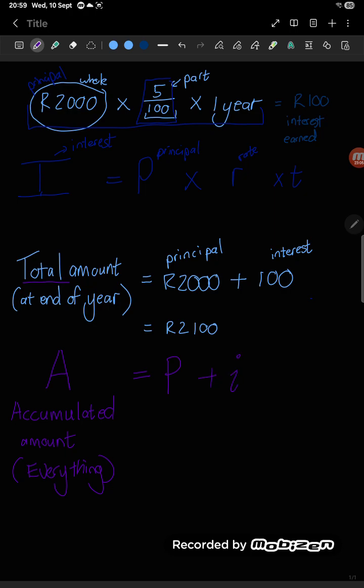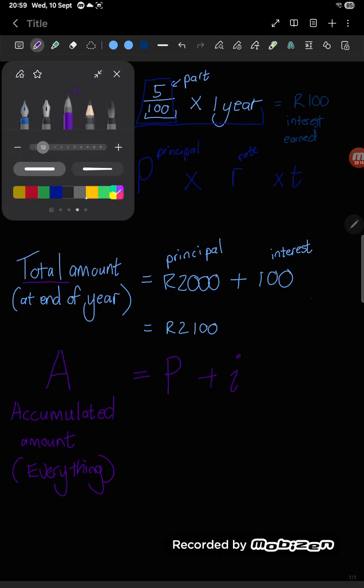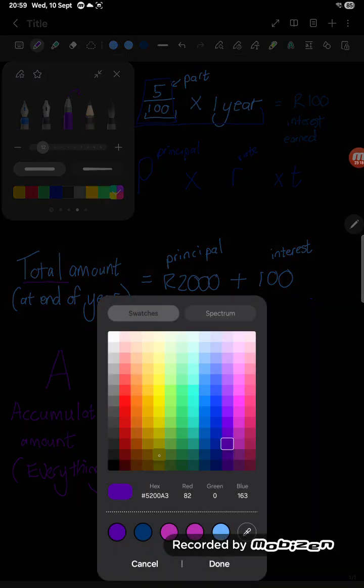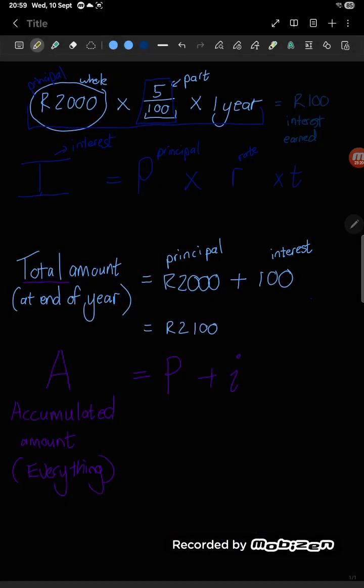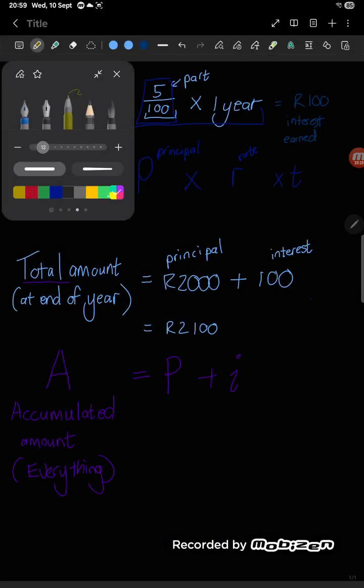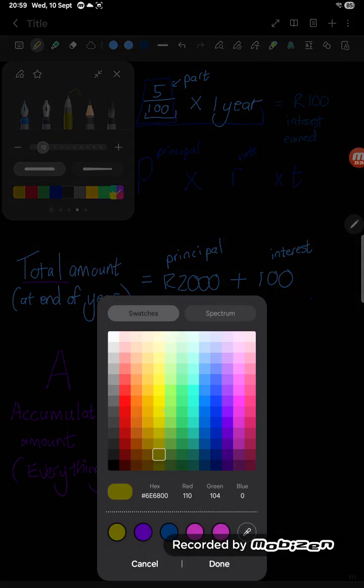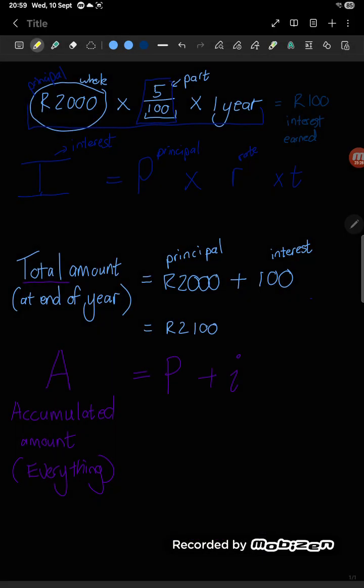Now, there's one extra way that we do this. I can also say that the accumulated amount, so A, is equal to the principal plus, and what is interest?